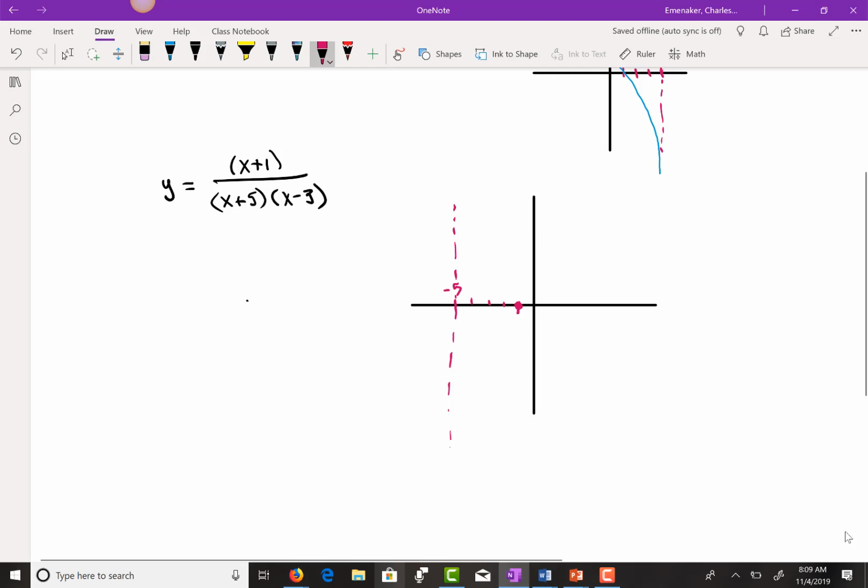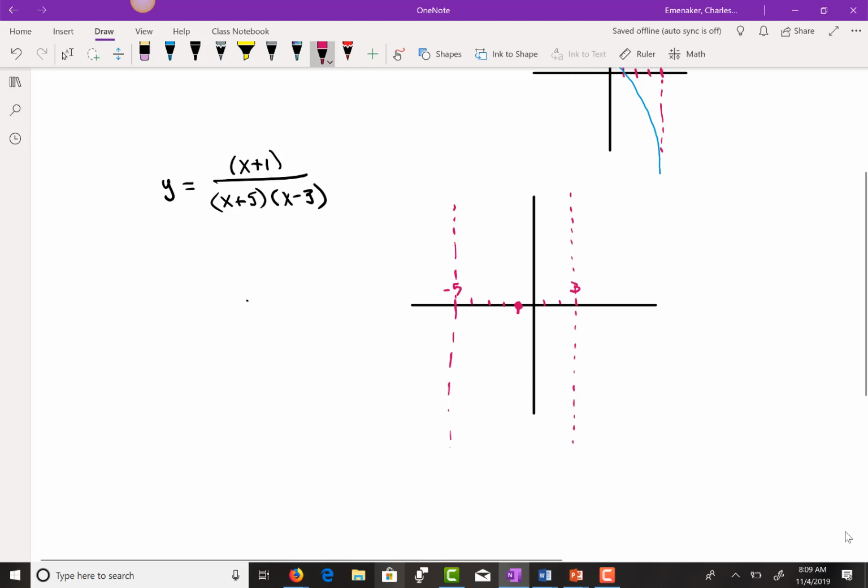Notice at x equals 3, 1, 2, 3, we're going to have a vertical asymptote there. And then it's a matter of fitting the function in to that set of parameters.